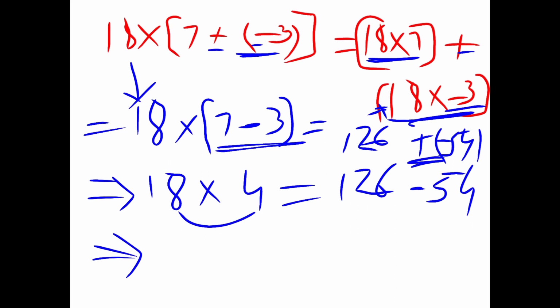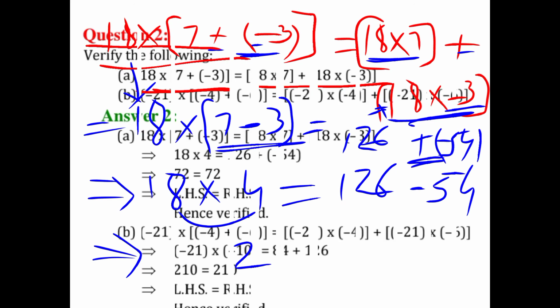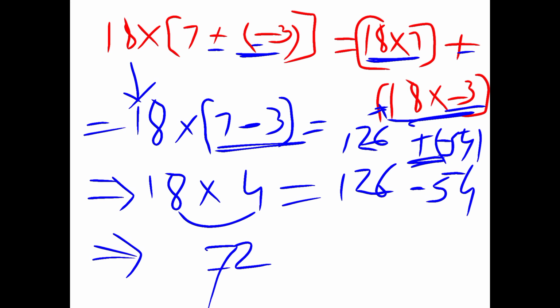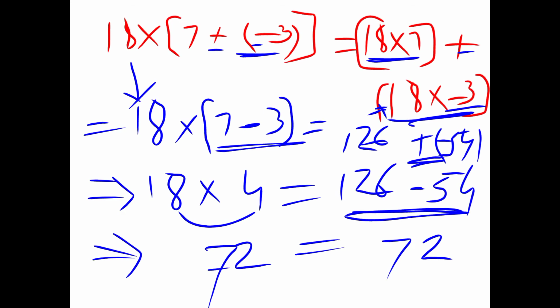Which implies 18 into 4: 4 into 8 is 32, 3 carries, 4 ones are 4, plus 3 is 7, so 72. Then we have to subtract here, 6 minus 4 is equal to 2, then 12 minus 5 is 7, so 72.